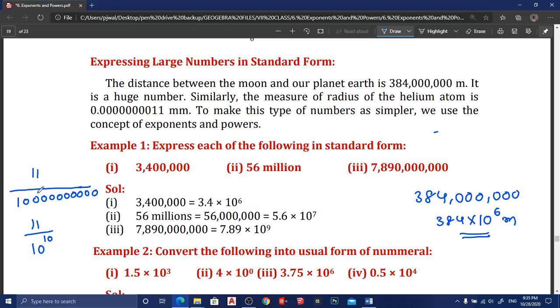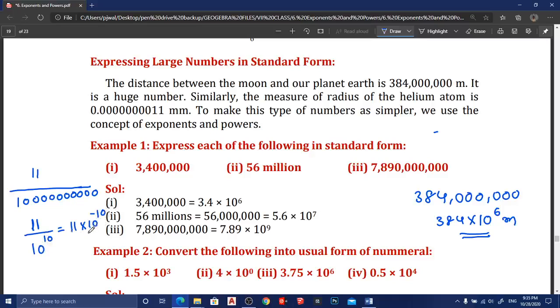This number you can simply write in exponential form, which is 11 by 10 to the power of 10. And you know that to send this denominator number to the numerator, we apply the inverse concept. So you can write this as 11 into 10 to the power of minus 10. To move a number from the denominator to the numerator, change the sign of the power.